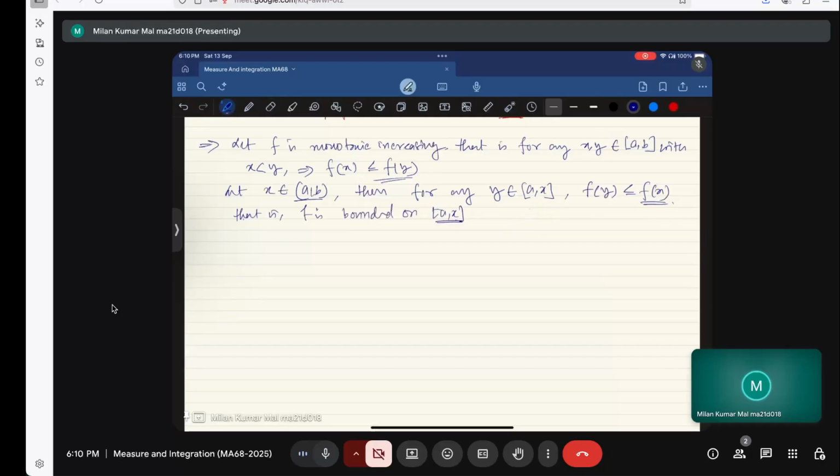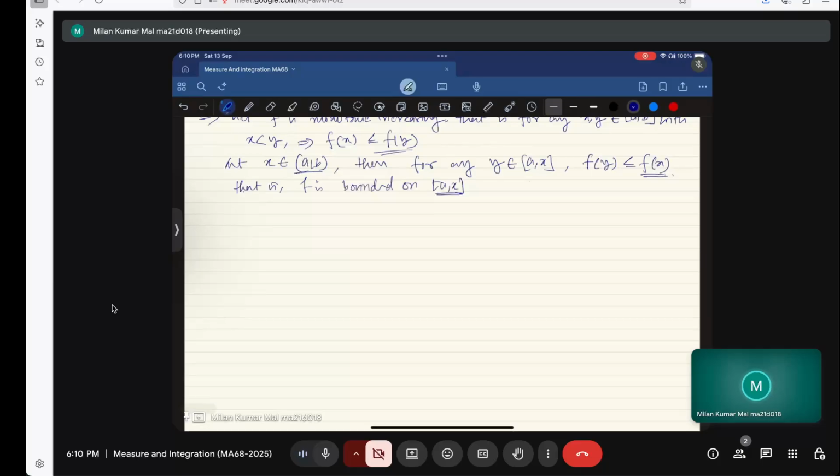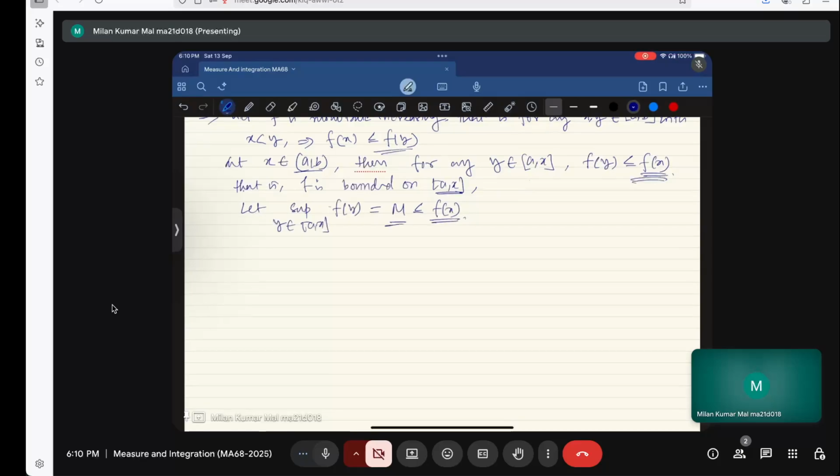Since it is bounded on this interval, let's take the supremum over y in [a, x] of f(y), suppose this equals M, and that must be less than or equal to f(x), because for every y in [a, x], f(y) is less than or equal to f(x).